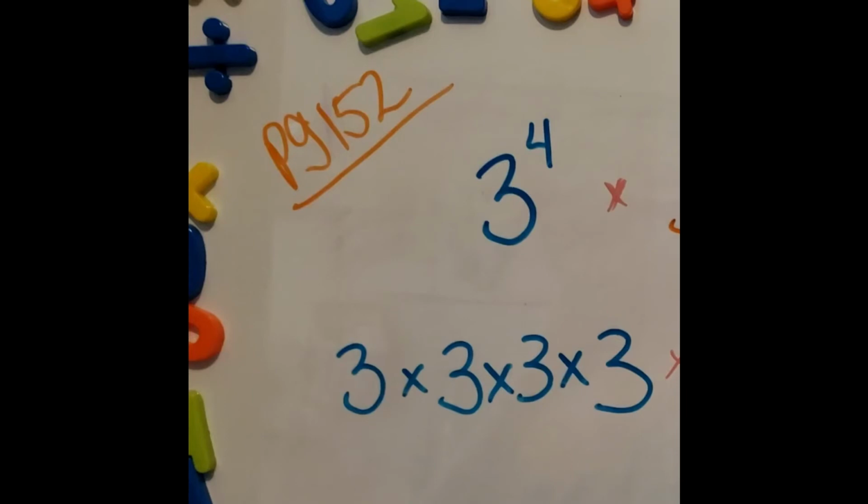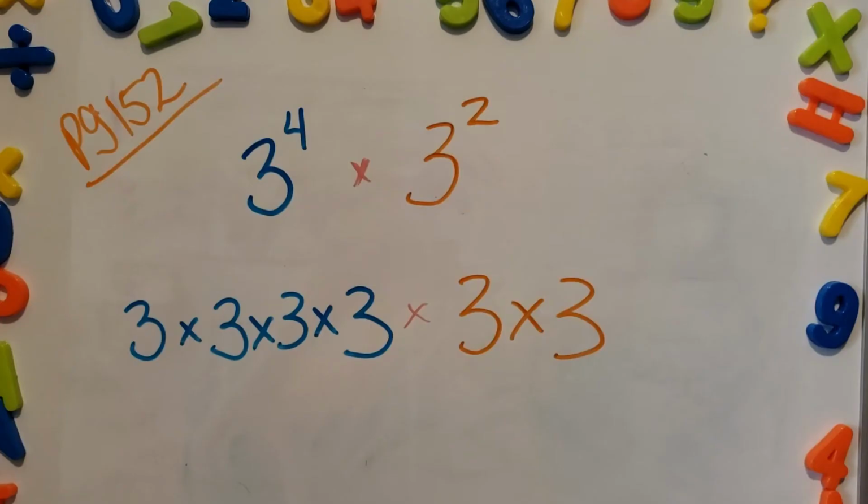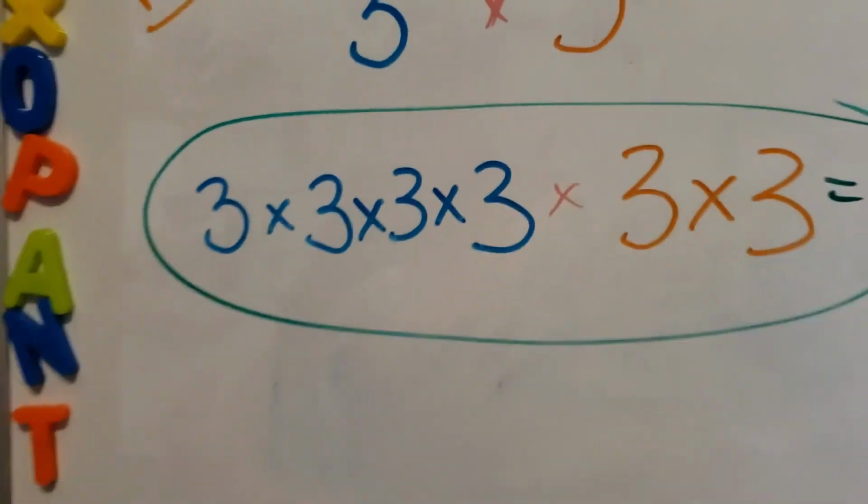So 3 to the fourth is simply 3 multiplied 4 times: 3 times 3 times 3 times 3. And 3 to the second is 3 multiplied twice, or 3 times 3. So if you simply rewrite them as repeated multiplication expressions, you have an equivalent expression using no exponents.